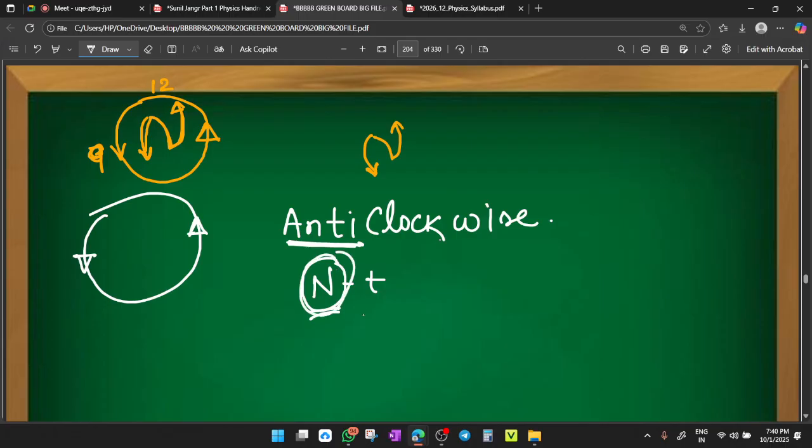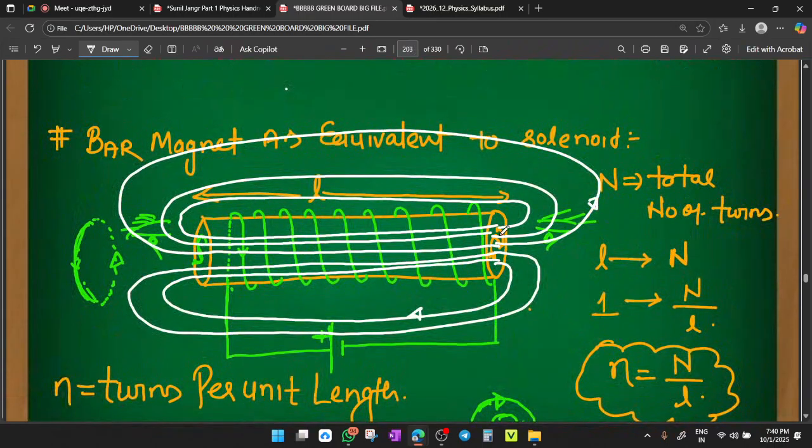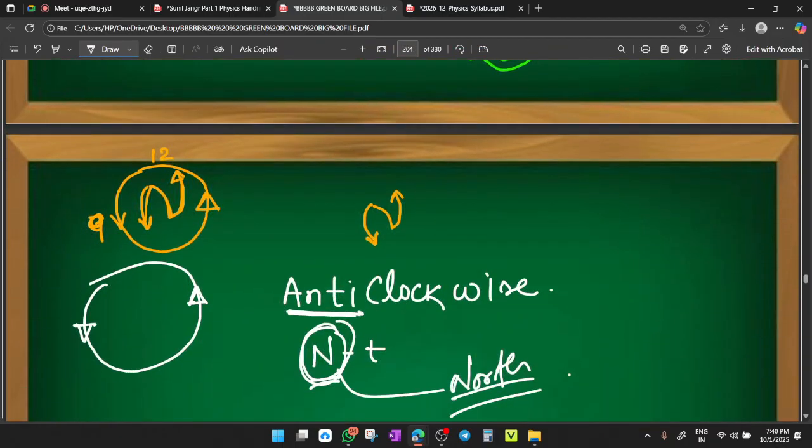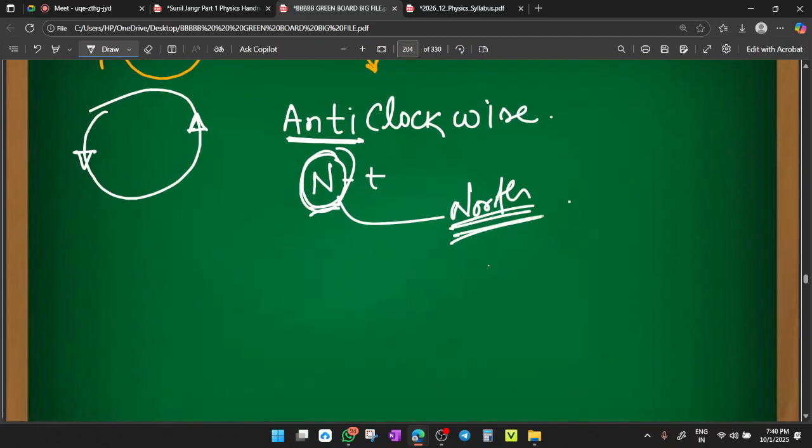So N means north. So where there is anti-clockwise current, this means there is the development of a north pole in a loop. Clear? So N means north. So there is a development of north pole. And where there is clockwise current, there is a development of south pole. Done?